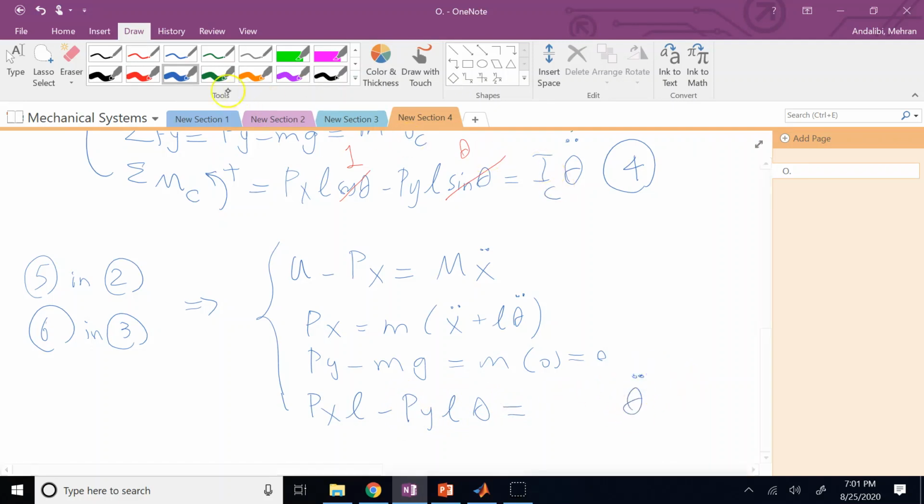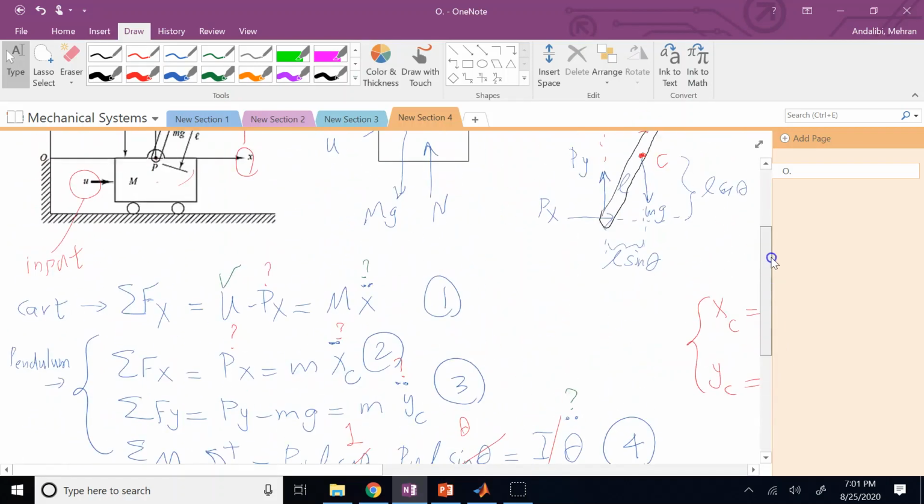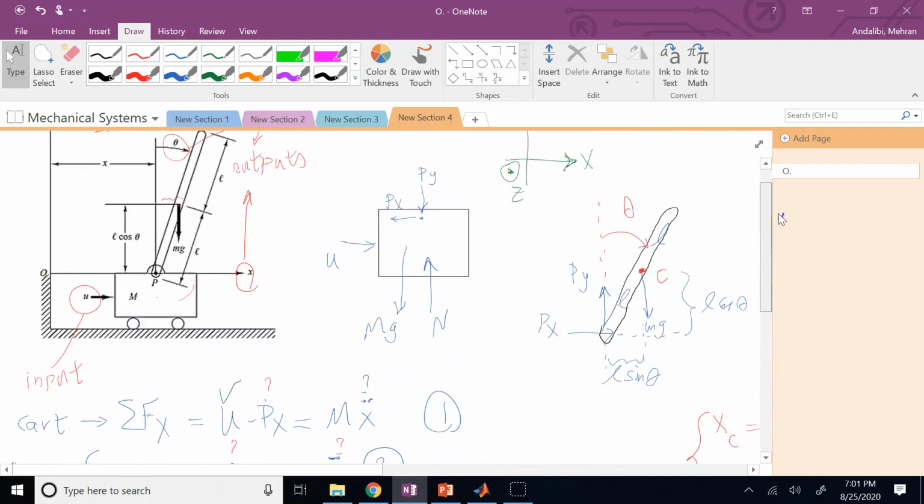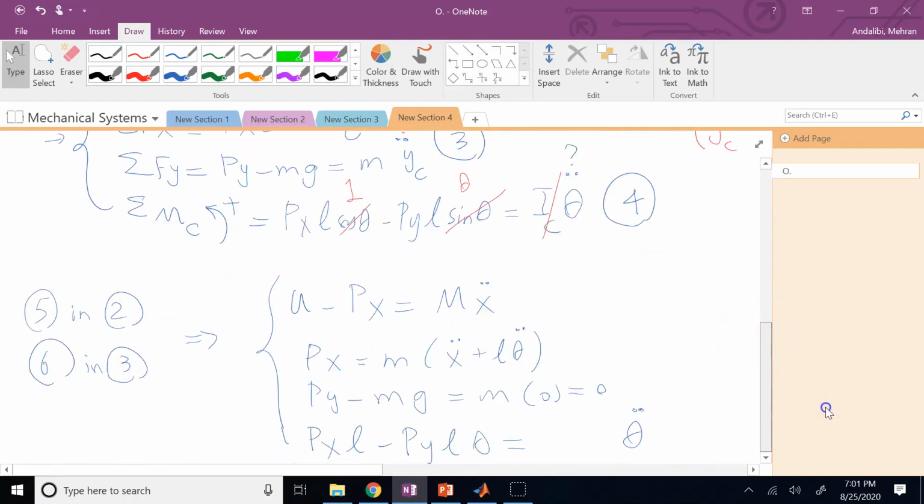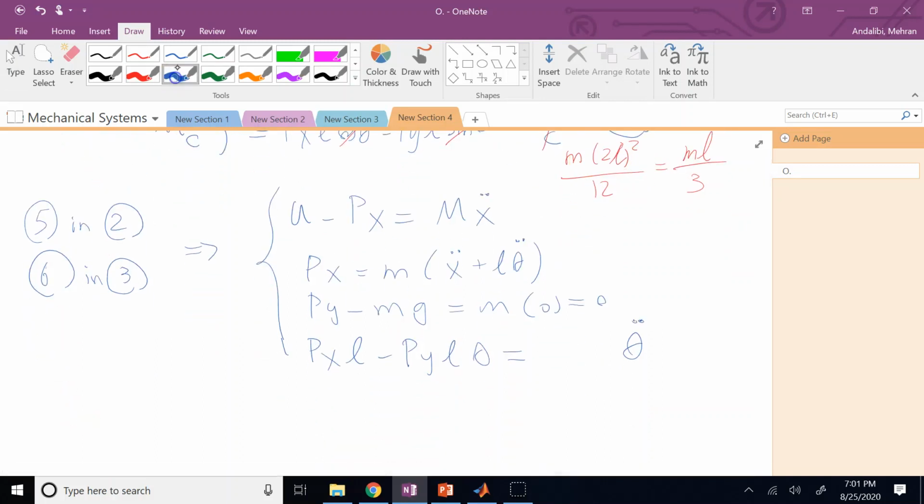That's I of C. From your statics, the moment of inertia of a slender bar with length L and mass m about the center is 1 over 12 m L squared. But here the length is 2L, so this is 1 over 12 m times 2L squared, which simplifies to m L squared over 3.